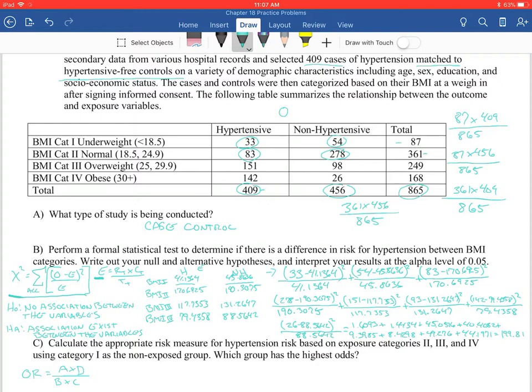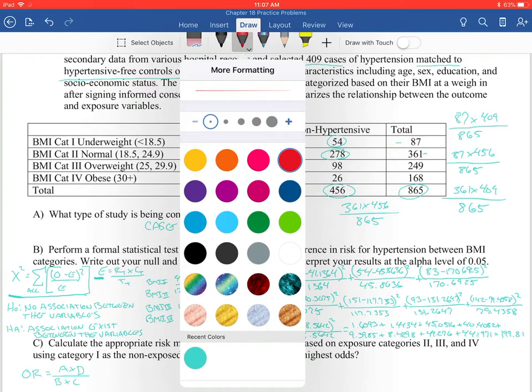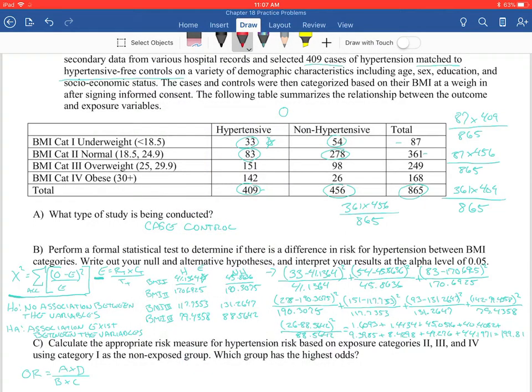Now you have your observed and your expected values for chi-squared, and we're going to put them all out. Right over here is everything. You have your observed value of 33 minus the expected value of 41.1364. I'm going to put a star next to each one so you can see what we're comparing, divided by the expected value.